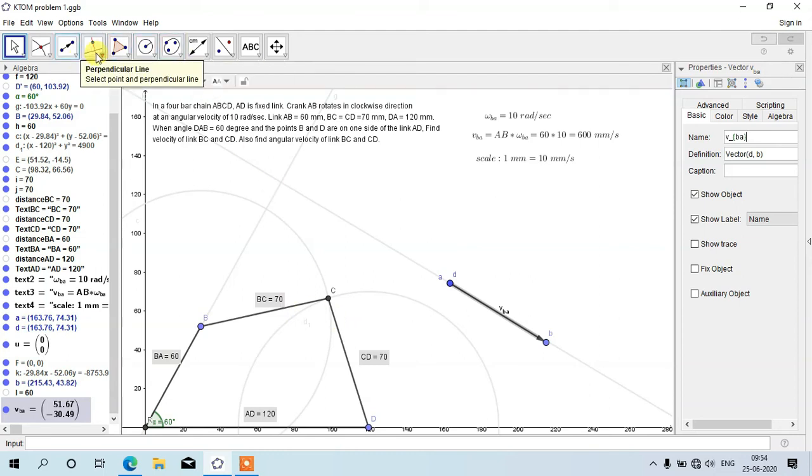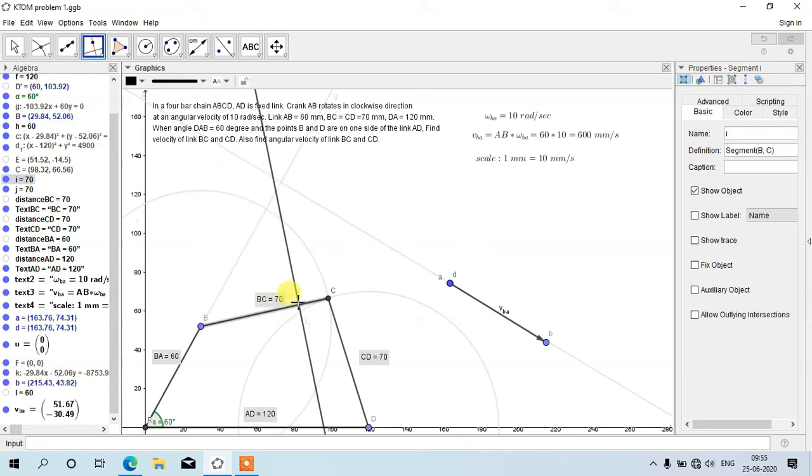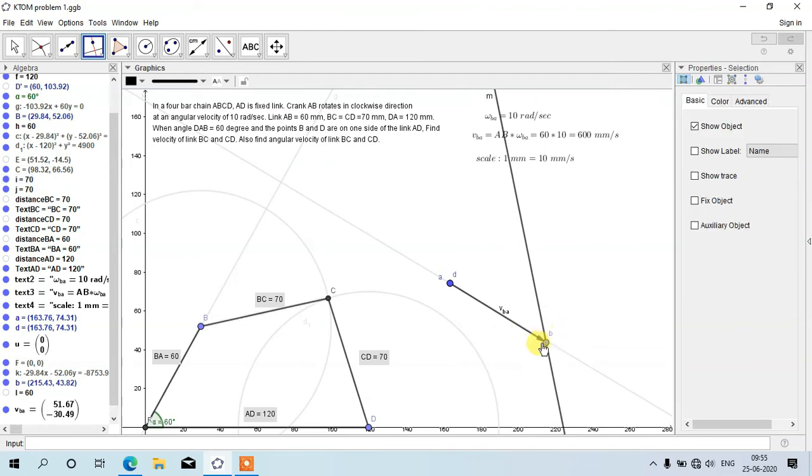So we will use the same concept that velocity of any link is perpendicular to the link. So we are having over here point A, D and point B. So we will draw the velocity of link BC, which is perpendicular to the link, and we will pass the line to point B, because we are finding the velocity of this link BC, and I know the position of point B on my velocity diagram.